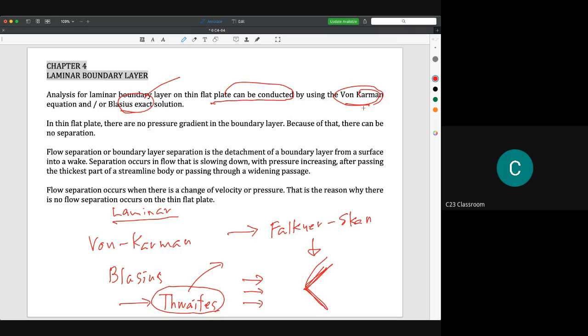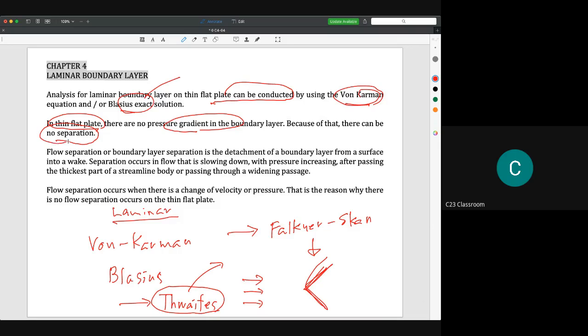In the first discussion of laminar boundary layer, we will use a thin flat plate, and we assume that there is no pressure gradient in the boundary layer. I will show you later on, but the idea is in a thin flat plate, there is no pressure gradient. Because of that, no separation occurs.